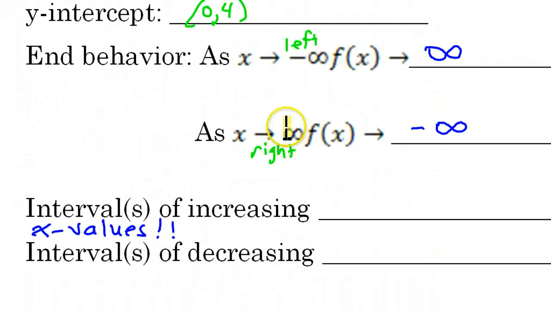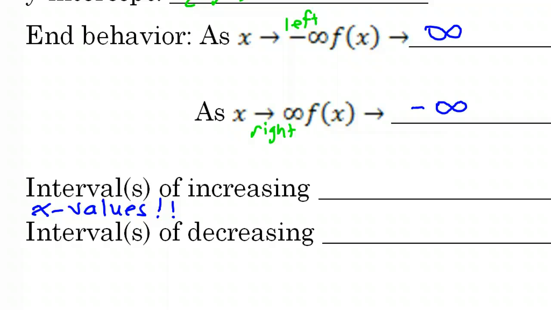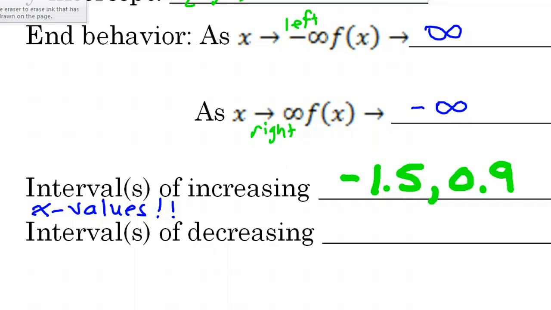The increasing interval is going to be negative 1.5 to close to 1. Now you could put like 0.9 if you want to, but if you just put 1, I'm going to definitely accept that because it's super close.